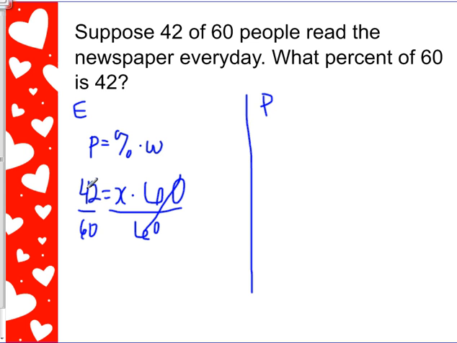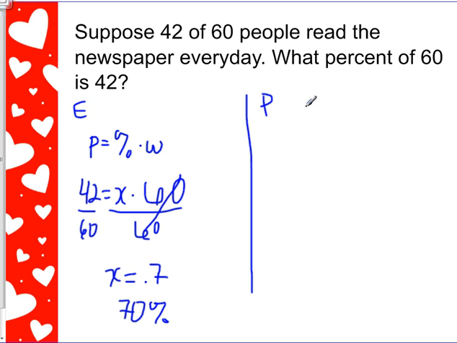And 42 divided by 60 is equal to 0.7. Now to turn that into a percent, we swoop twice and we get 70%.